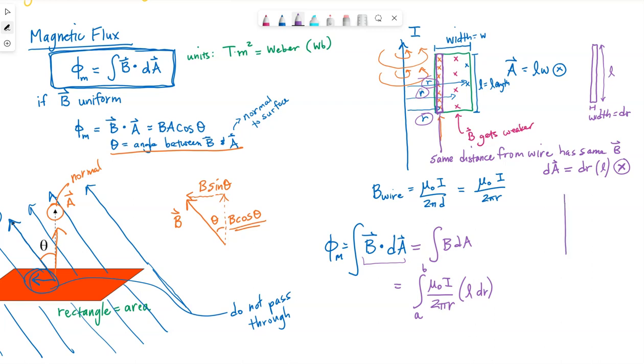Let me redraw my picture. So if this is my wire, here is my rectangle. My limits of integration need to be between where the left edge of my rectangle is, which I'm just going to call a, to where the right edge of my rectangle is, b. So r equals a to r equals b. We're essentially saying we're adding up these vertical strips between a location of a and b.